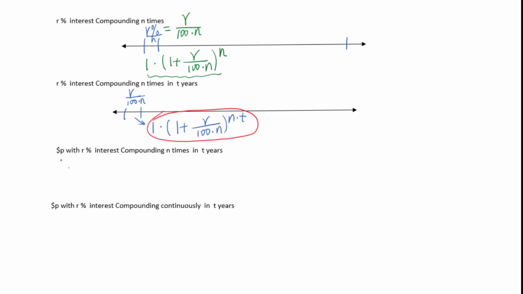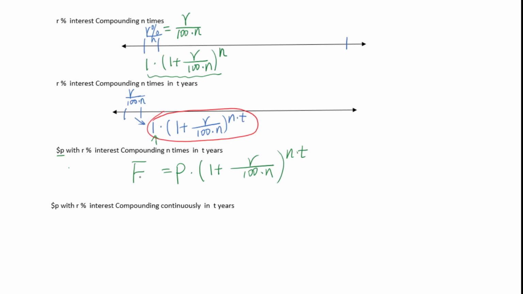Next one, if we have P dollars with r percent interest compounding n times in t years, we just need to change this $1 into P times 1 plus r over 100 times n to the n times t power.